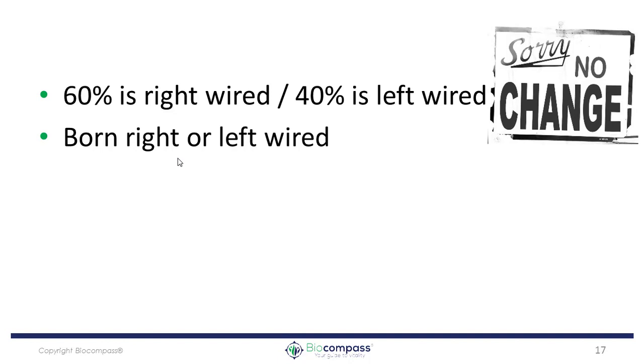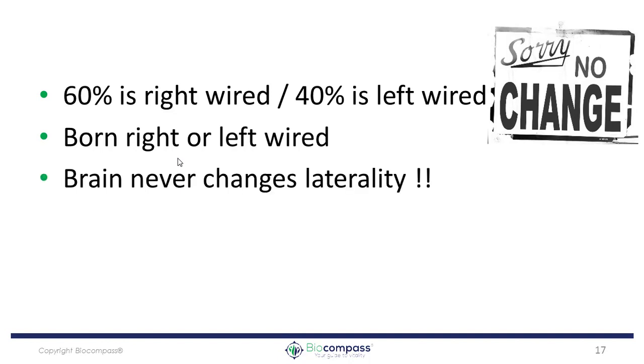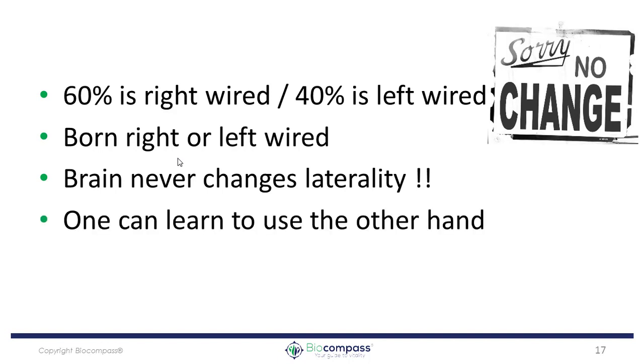And that is directly intercoupled with your brain-wiredness, and the brain never changes laterality. So once you're born as a right-hander, you'll always be a right-hander. However, you can learn to use your other hand, but you're still right-wired.